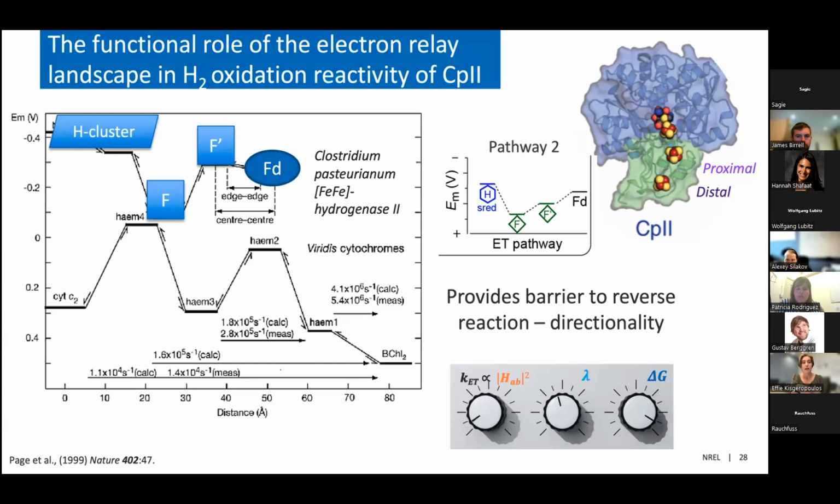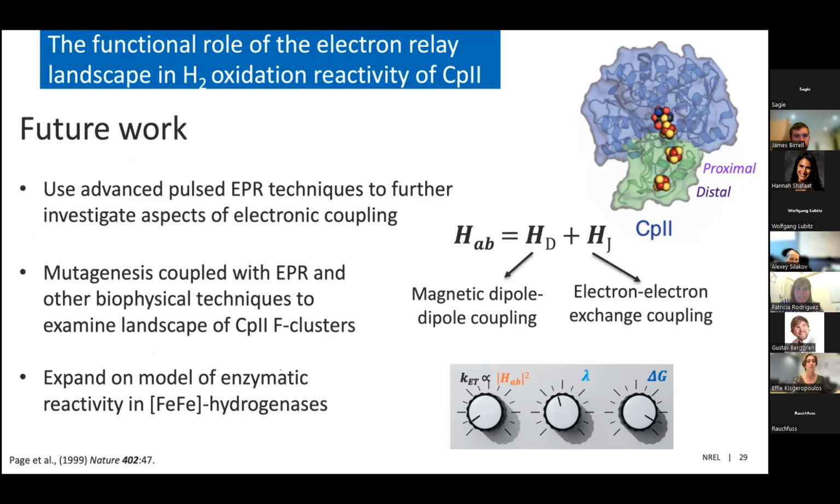Nickel iron hydrogenases have this high directionality towards the H2 oxidation that we also see in CP2. So a setup like this could provide a barrier to the reverse reaction, providing some context for that directionality that we see. And it could be linked to the electronic coupling that we have manifestations of in our EPR data.